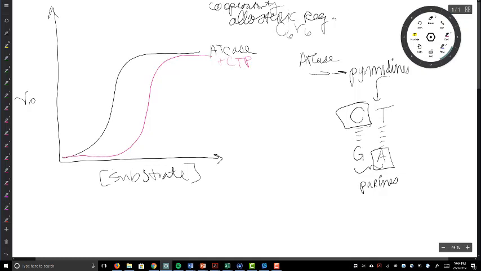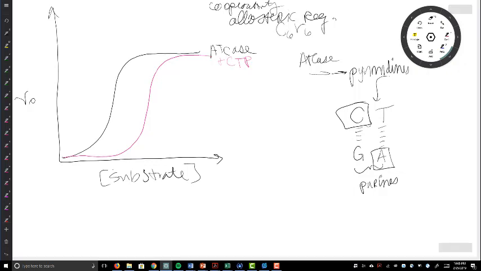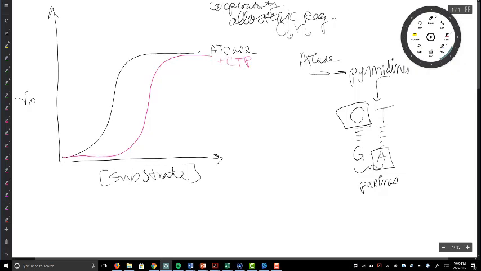Specifically, if G and A are around in approximately the same ratio, then we can use A as a proxy for the concentration of total purines in the cell. So if we have a lot of G and A hanging around, that means we're not making enough C and T to base pair with G and A.